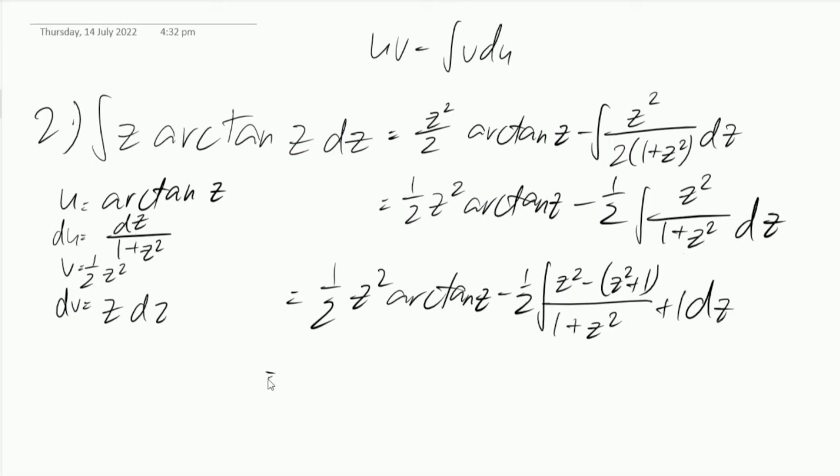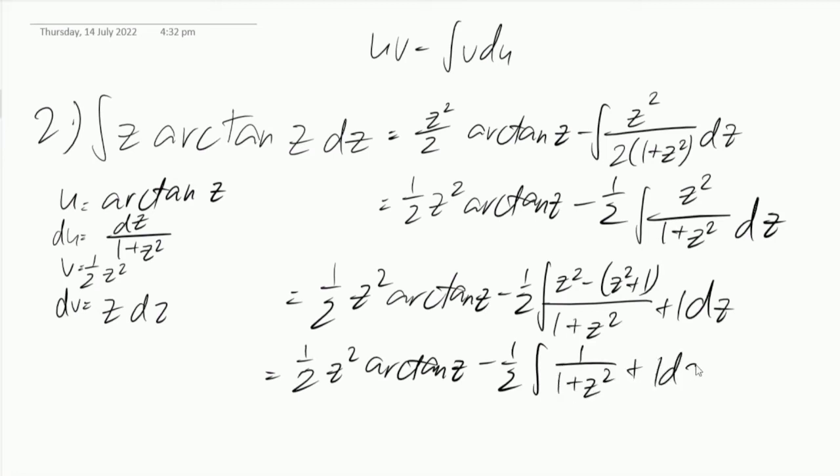And then if we subtract both of these terms, they will become 0. So what's left is the integral of 1 over 1 plus z squared plus 1 dz. Now let's find the integral of both of these terms.